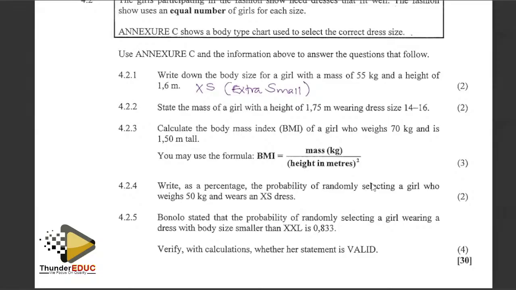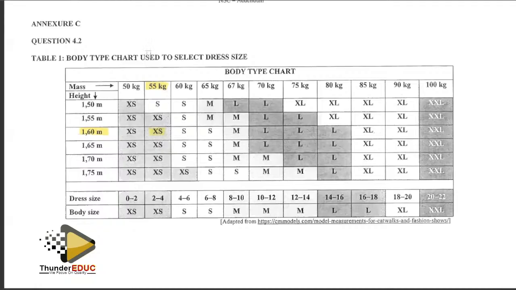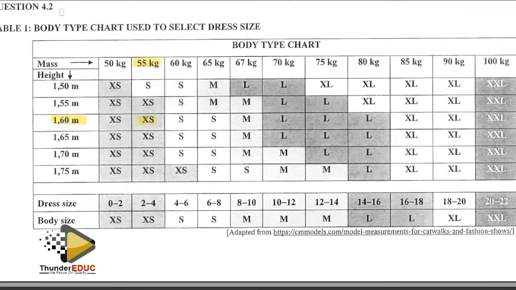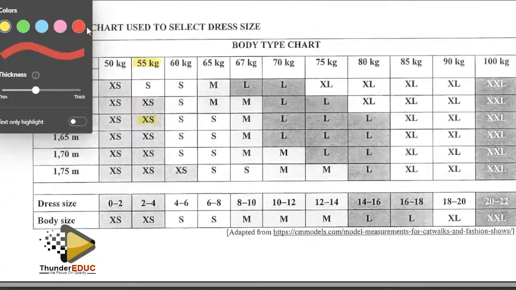Extra small. Now they're telling us to state the mass of a girl whose height is 1,75 meters, wearing a dress size 14. So height 1,75 meters, wearing a dress size 14. We come here. Let's highlight.